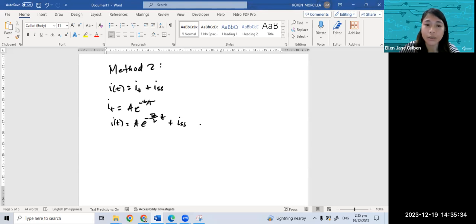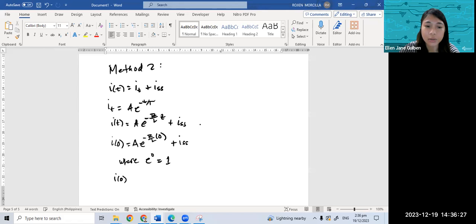So I at 0 is equal to A e to the negative R over L times 0, plus I steady state. This is your complete response. But e to the 0 is equal to 1.